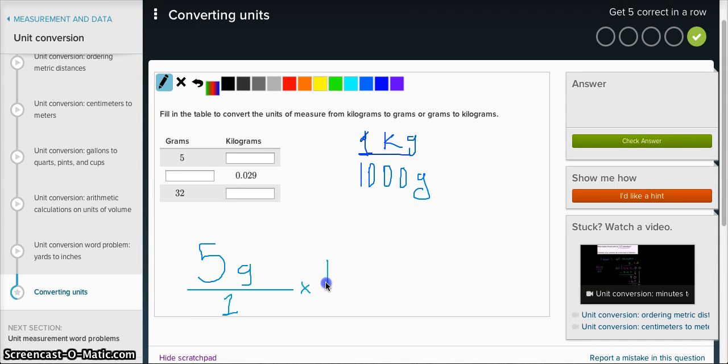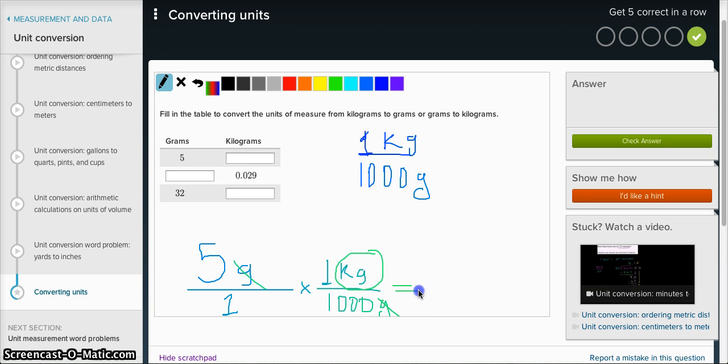So this is basically kilograms. 1 kilogram equals 1,000 grams, and our units here on the top and bottom will cancel. That means our new unit is just kilograms.